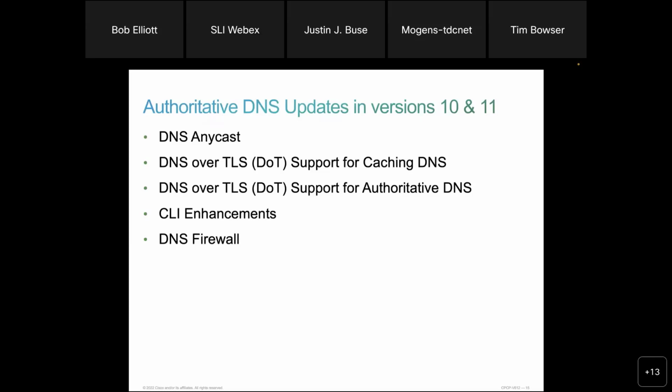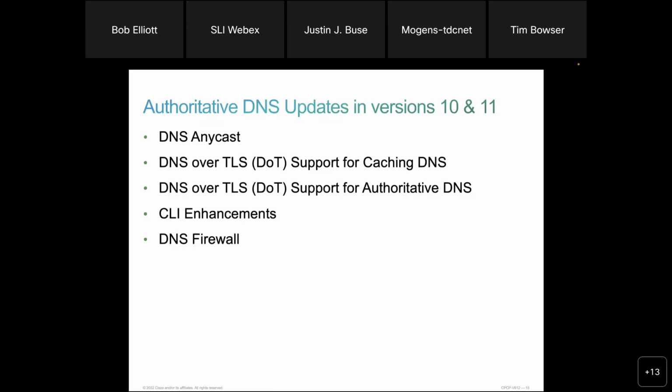And again, there are a lot of command line interface enhancements now in versions 10 and 11. So if you're using an older version and using a lot of manual procedures to add records or do maintenance, look into version 10 and 11. Look into the command line interface.